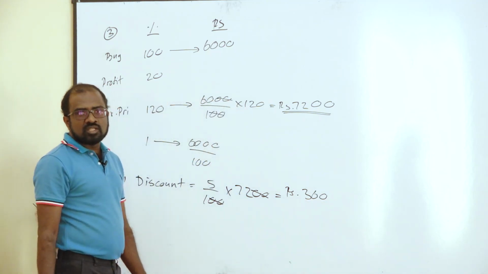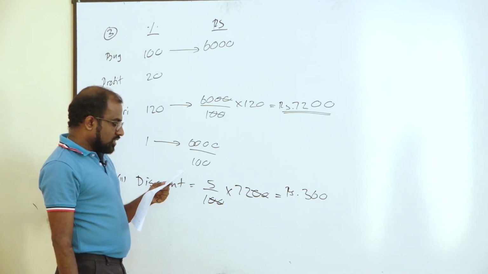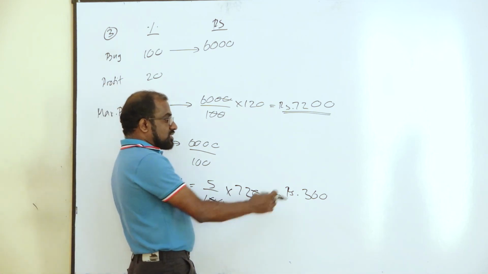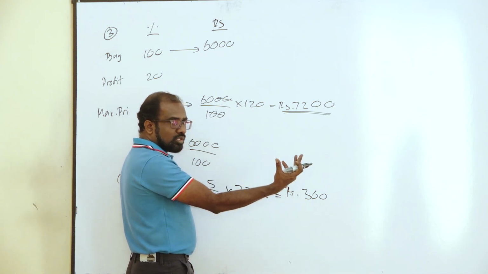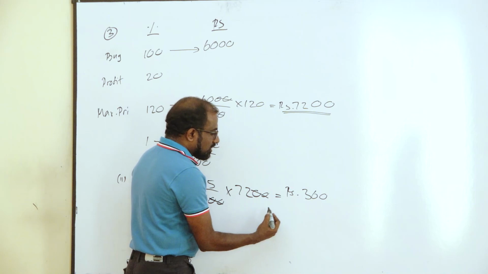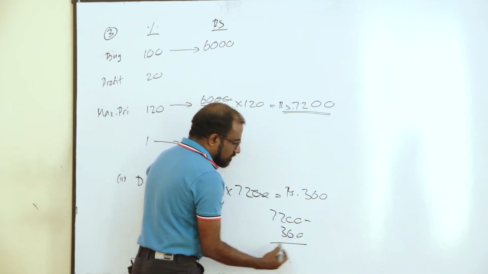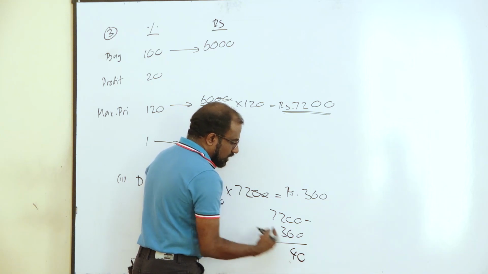The discount given is 360. So 360 is the discount you give, the amount you reduce from the price for the customer. And how much do you sell at? 7,200 subtract 360. What is the answer? 6,840.